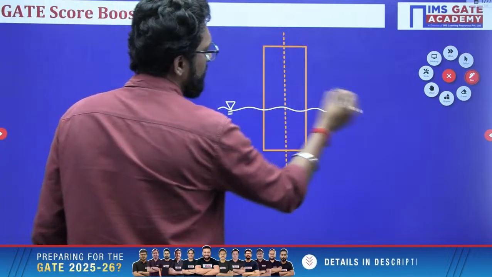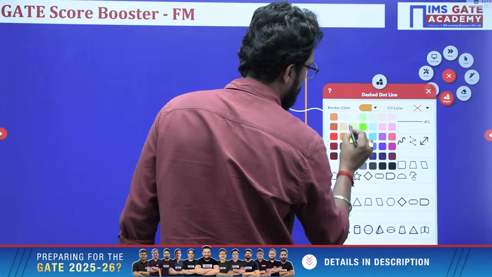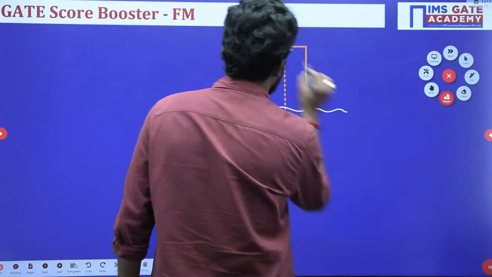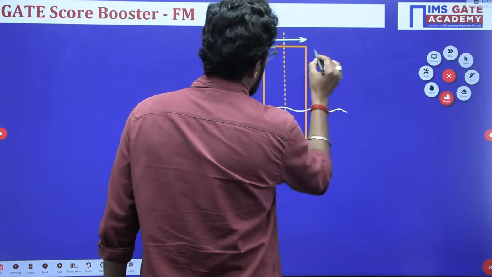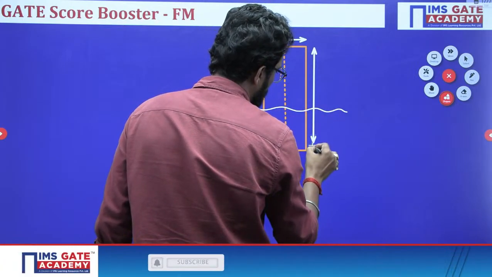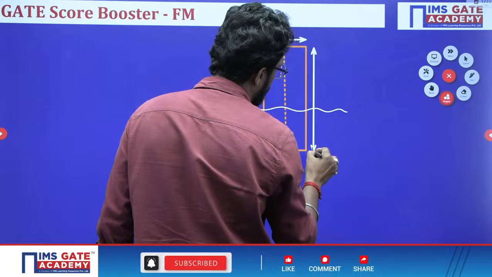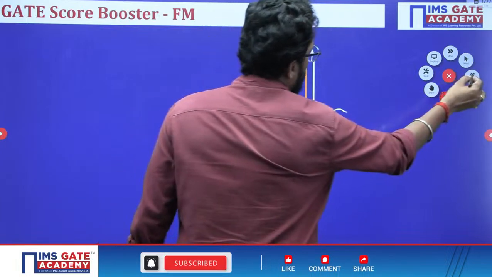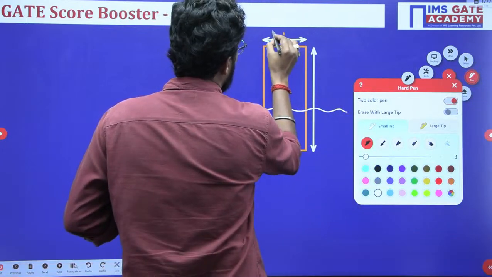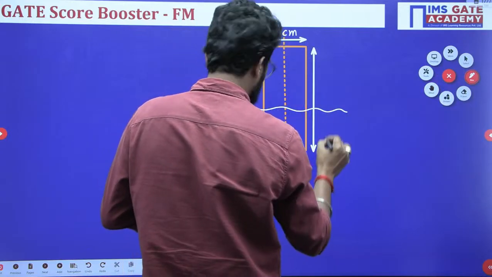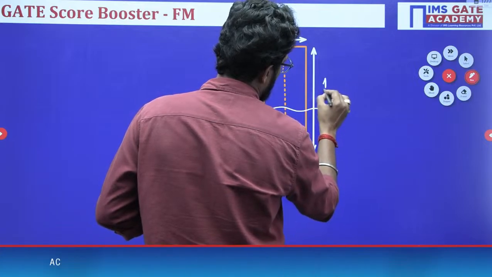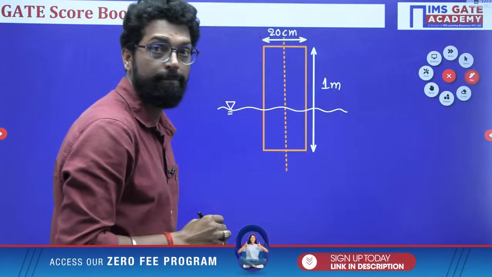And this dimension is given, and this total dimension is given. This dimension is given as 20 centimeter, and this total is given as 1 meter.